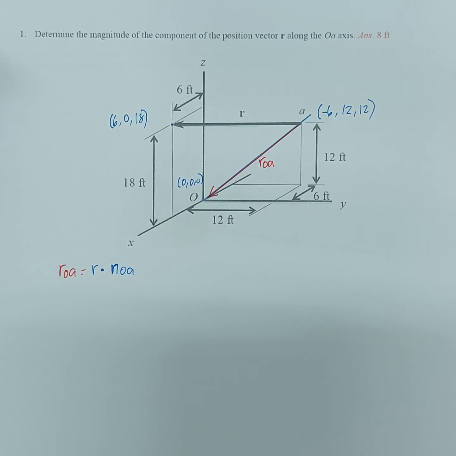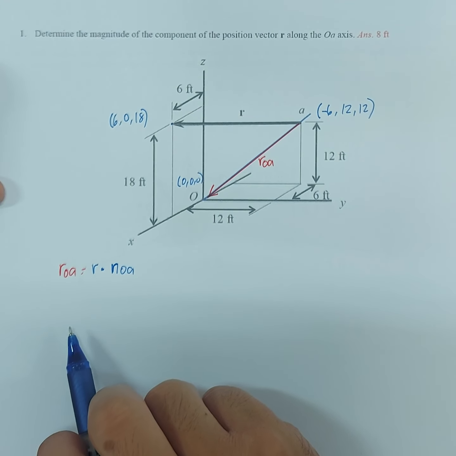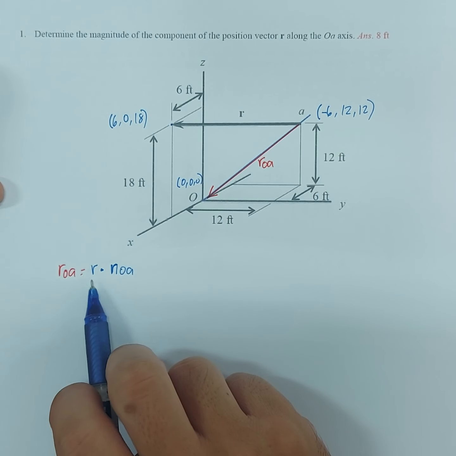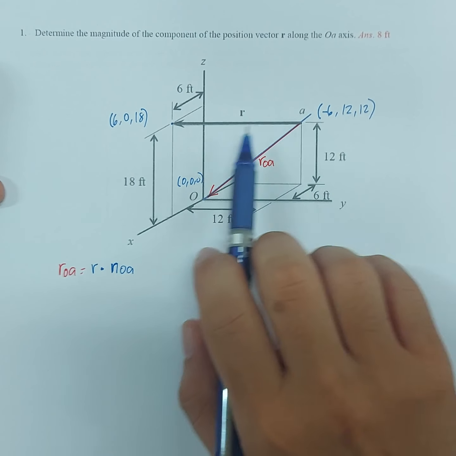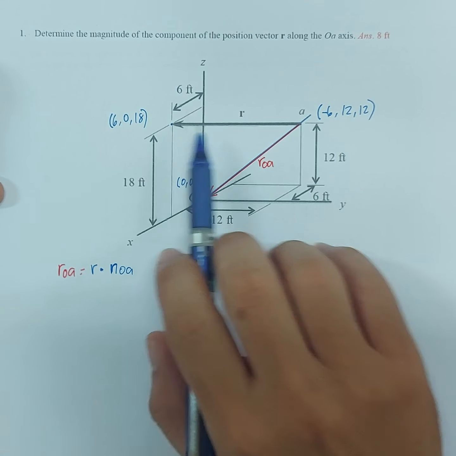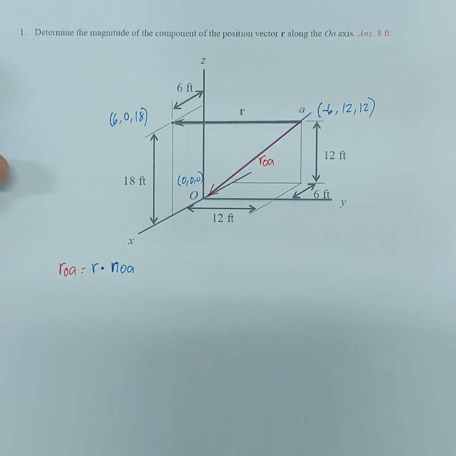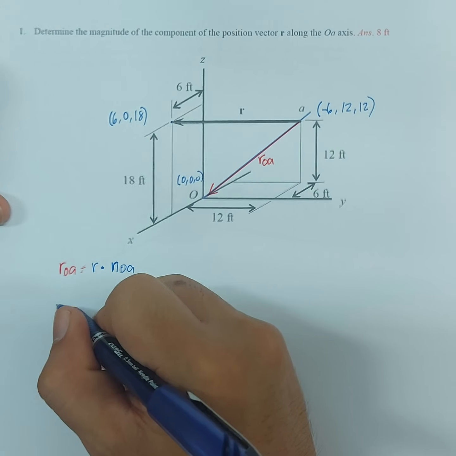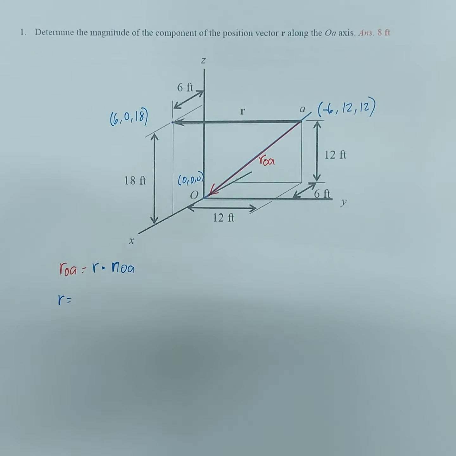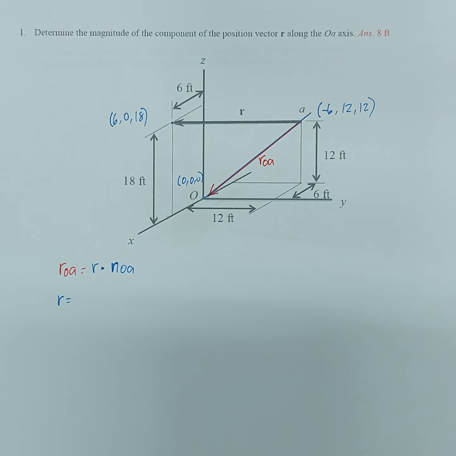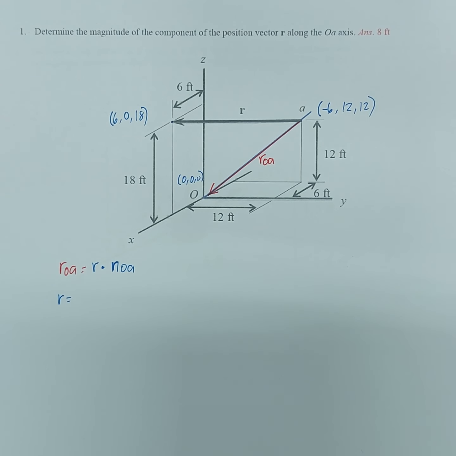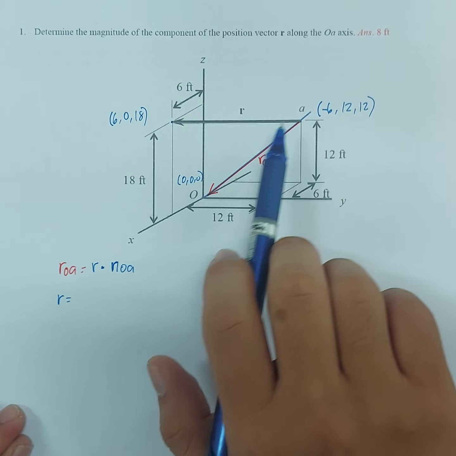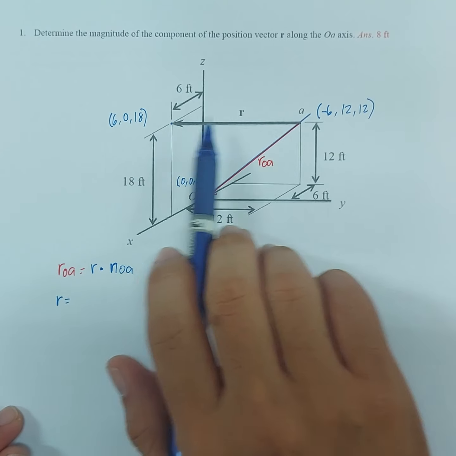Okay? So let's solve first for the position vector. This is our tail at point A, and this would be our head. How do you solve for the position vector again? R is equal to head minus tail.